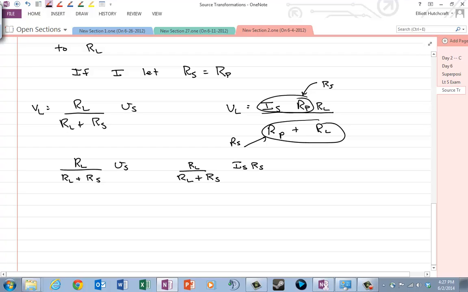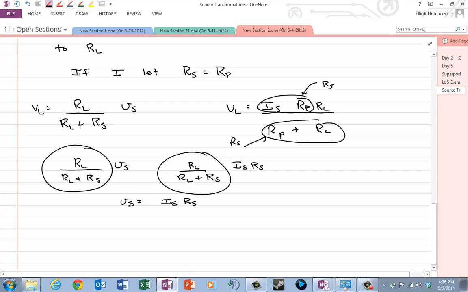So we have two things, and we can see that the voltage will be equivalent and we'll get the same value if VS, see, this is the same and this is the same, so if VS is equal to IS RS, then those load voltages are the same.